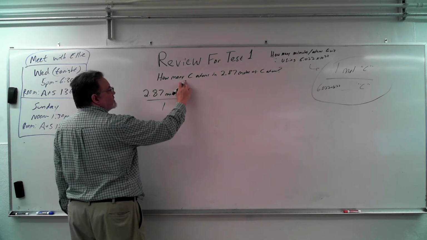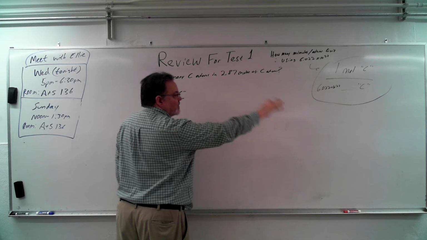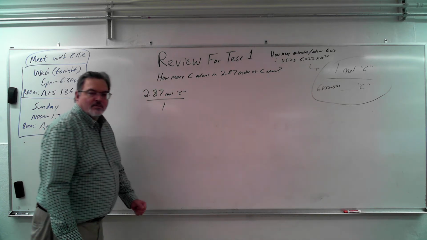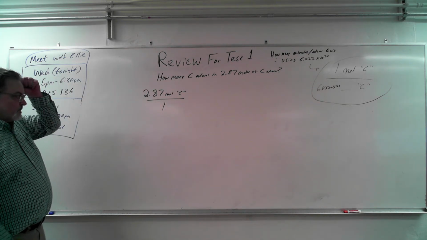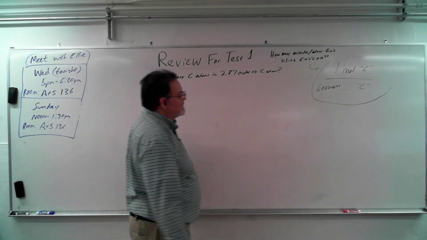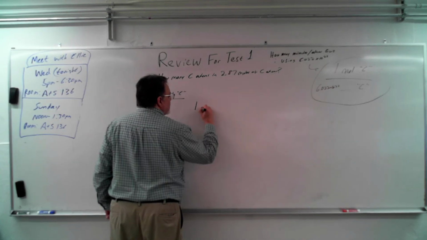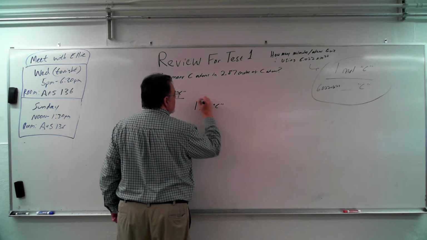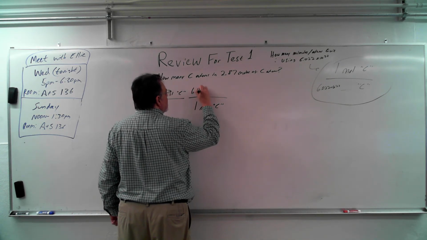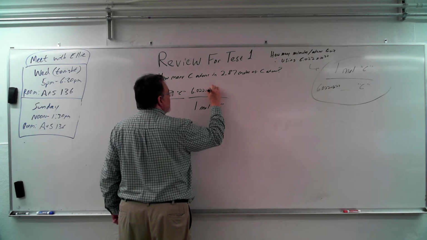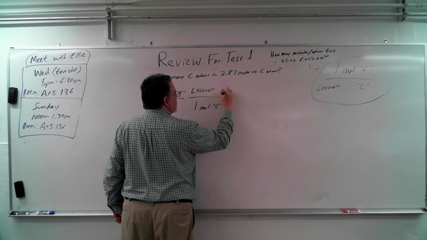Not only is grams not mentioned here, it's not mentioned anywhere, so we're not going to need the grams per mole of carbon here. So once you see moles of C atoms, we'll go to no unit.